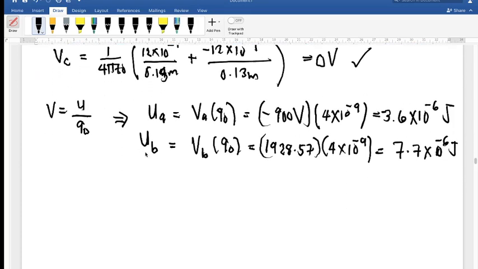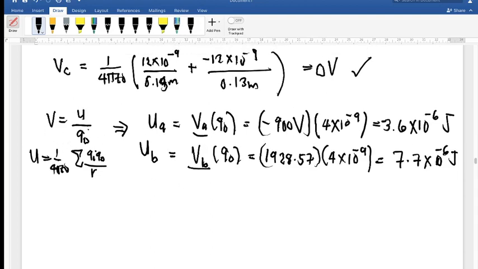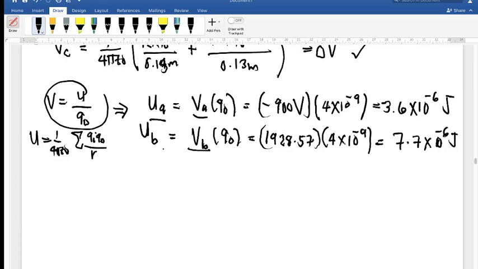So you will not anymore use this expression. You do not have to calculate again the summation of q sub naught over r and so on, because you are given the potential na at that point. Okay, so you just have to use this expression if you have the potential at the point.